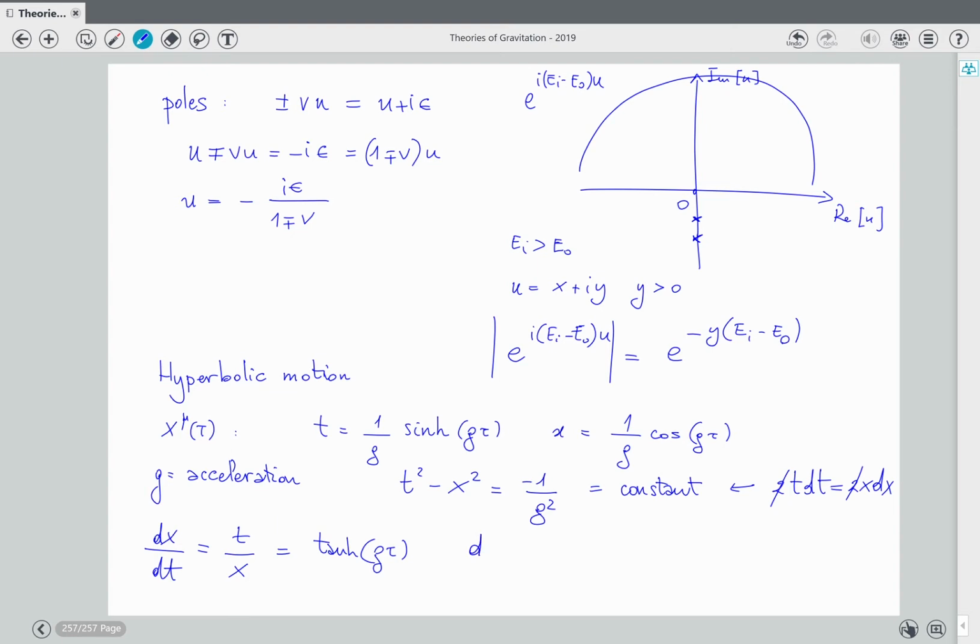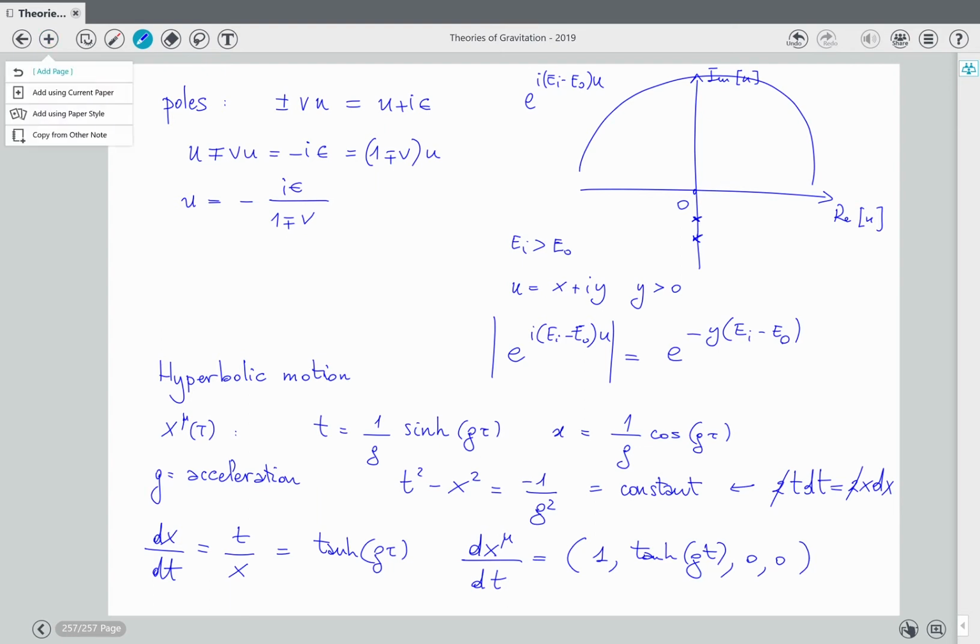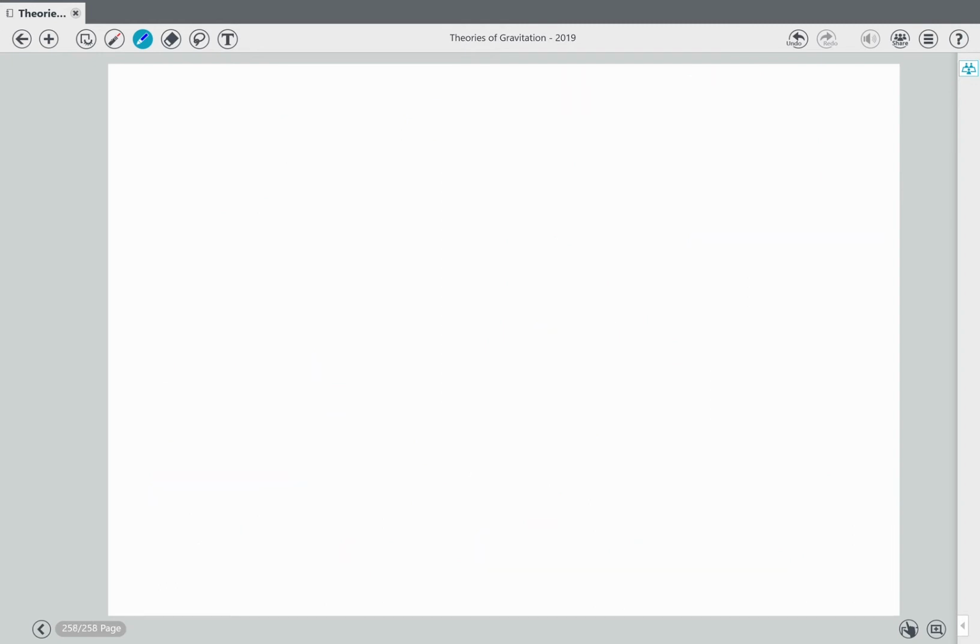So if we want to write this, we have 1, the hyperbolic tangent, 0, 0. 1 because dt over dt, this 0 component is 1. But we want to compute the 4 velocity and the 4 acceleration, the covariant one.